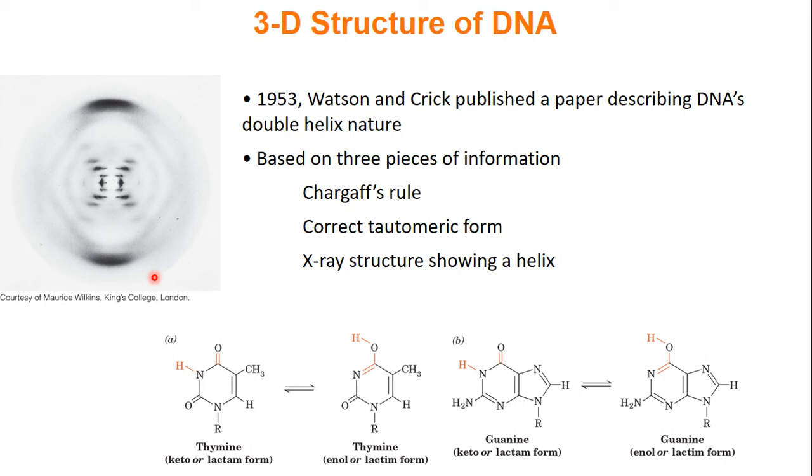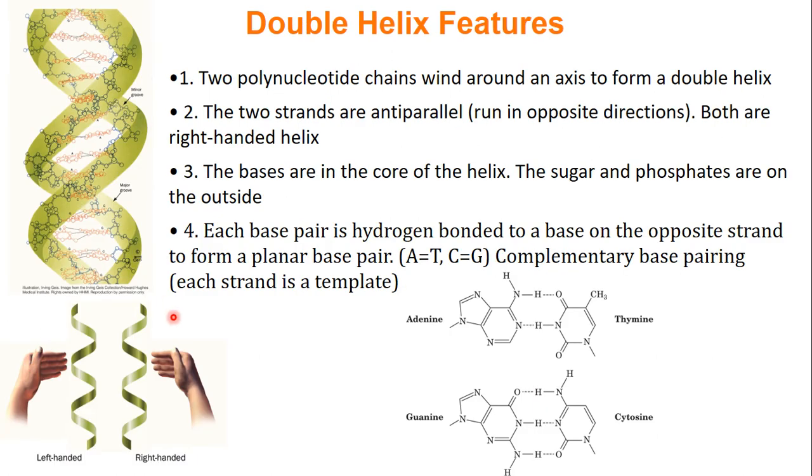That tells you information about the structure inside the crystal. And this is a typical pattern of a double helix, something you would expect if you took a crystal of a double helix. So with those three pieces of information, they could create their model of DNA. And it's the same model that we basically use now.